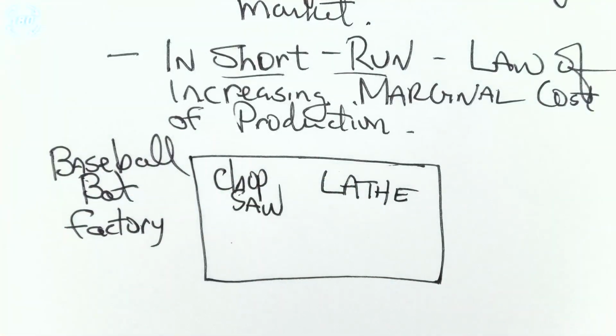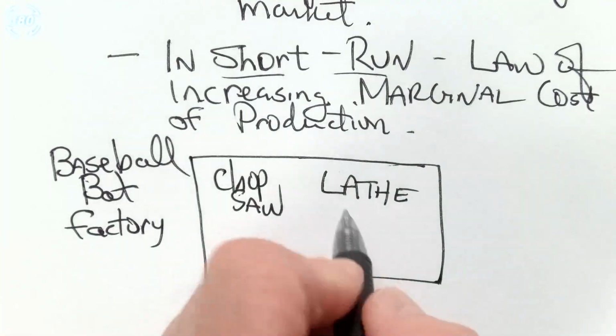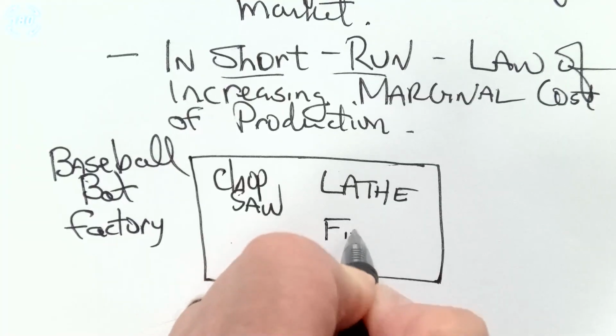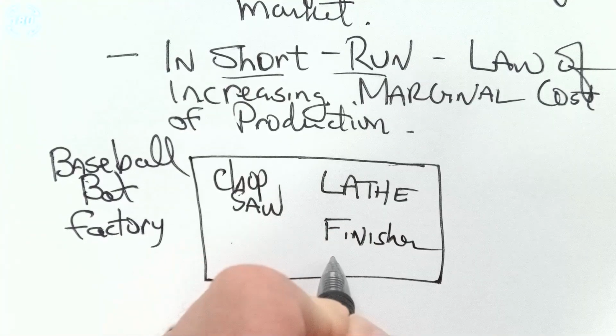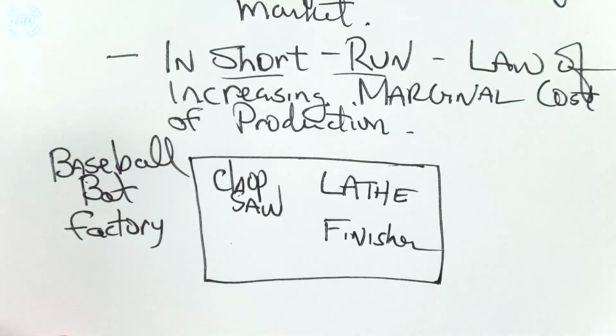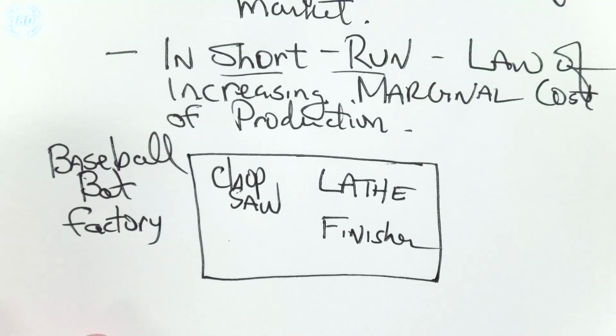So you chop this hickory up, and you put it on a lathe, and you spin it, and then you got a finisher. With the finisher, you apply the finish. Let me just leave it with 3 workstations like this.